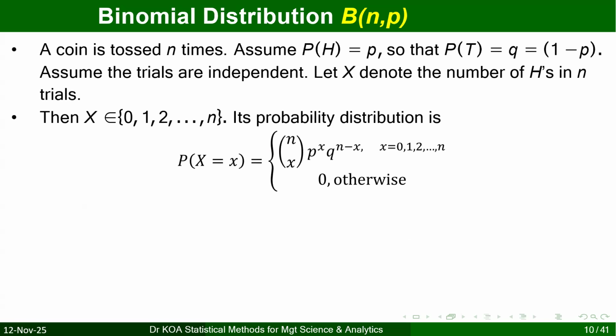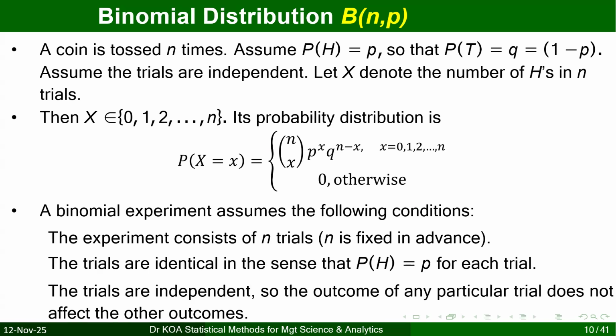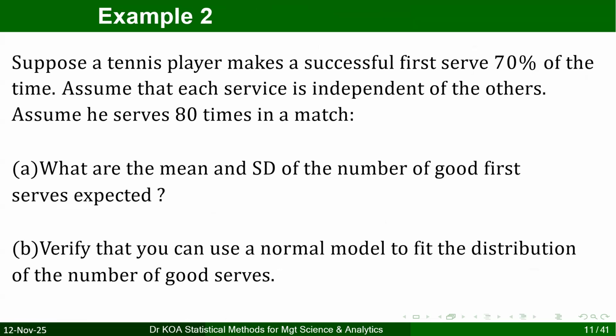So we can restate the binomial probability distribution, provided that we are identifying the head as well as the tail. But for binomial to happen, all of the following must exist. Again, we know this. N trials, probability of success, independent trials, and so forth. Let's take another example.